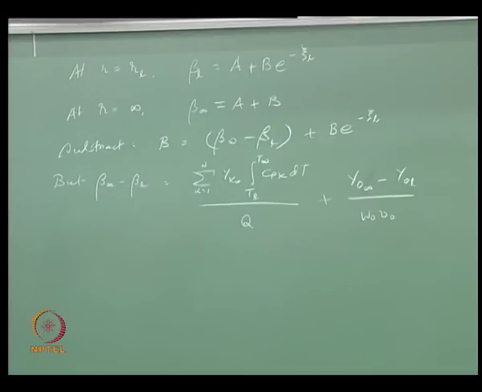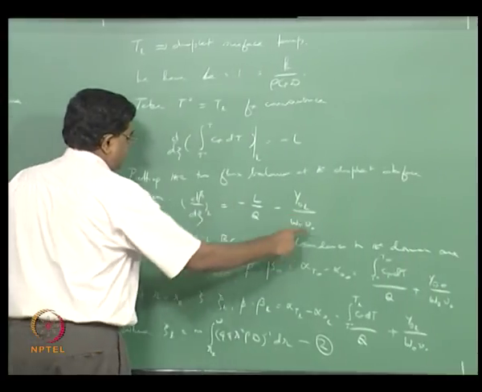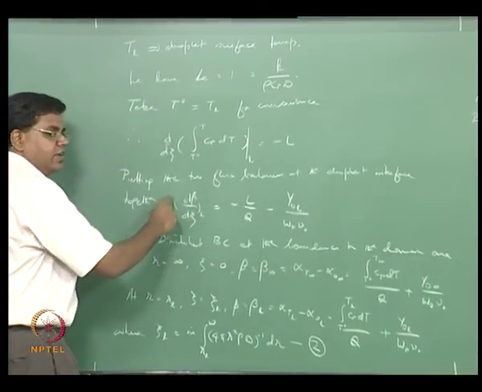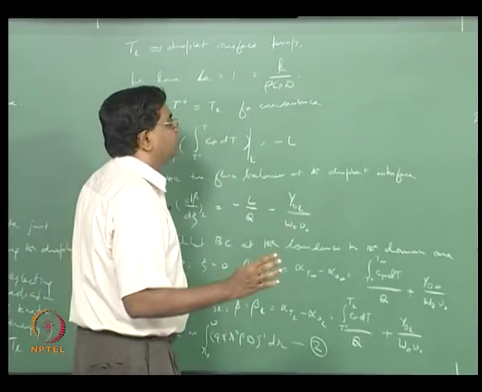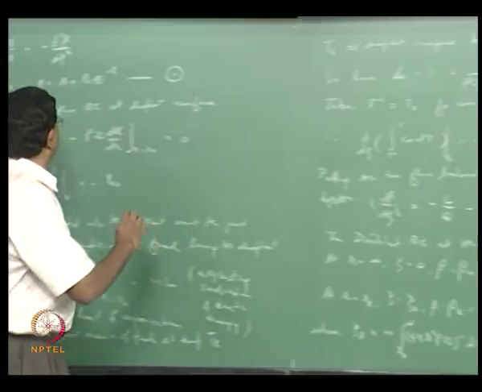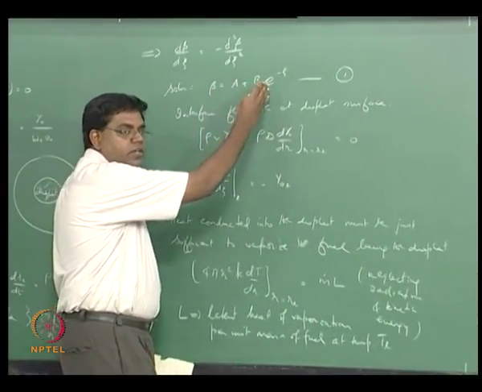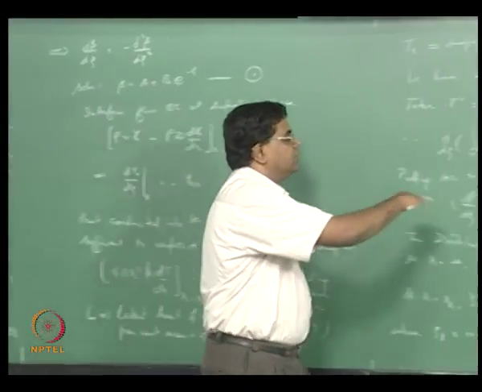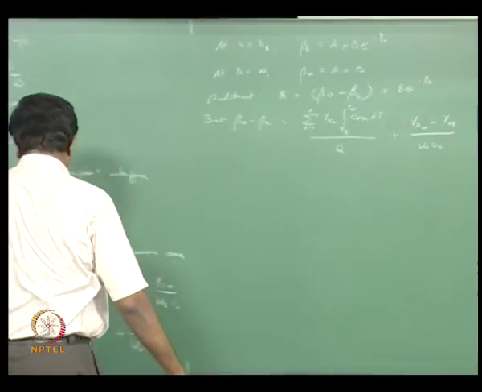Fortunately, the interface flux condition put together in terms of beta has it in terms of derivative. So if you have it in terms of derivative, A automatically drops out. You take a derivative here, A doesn't even show up, B shows up, and between that and this we will eliminate B as well. That's what we are going to do.